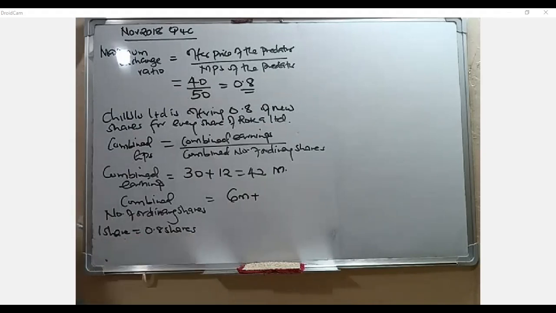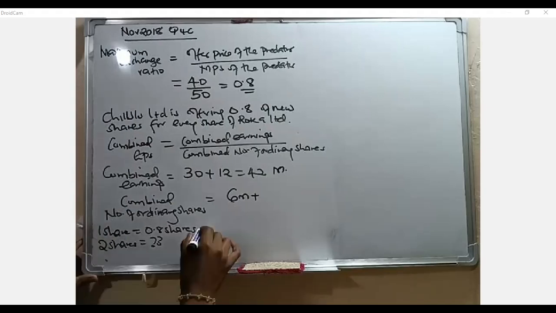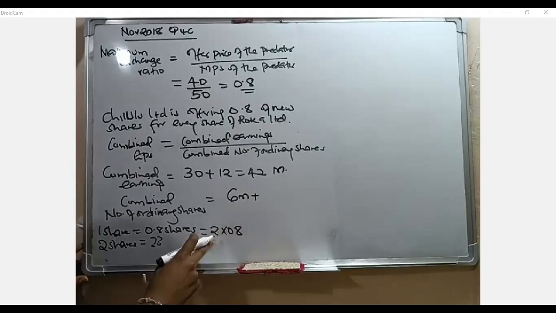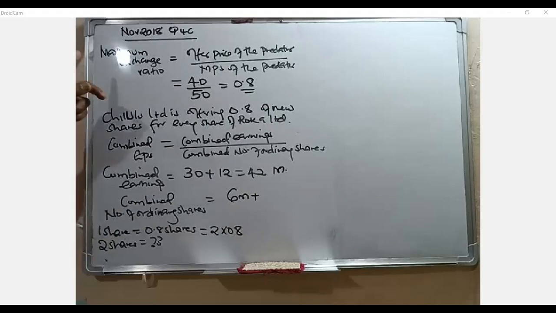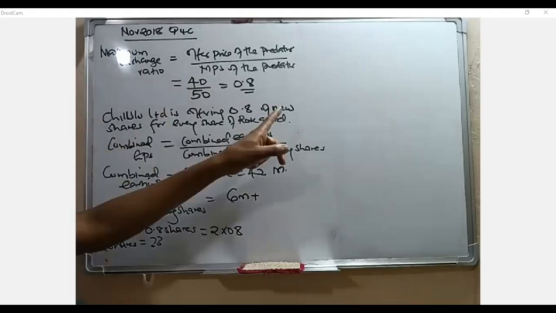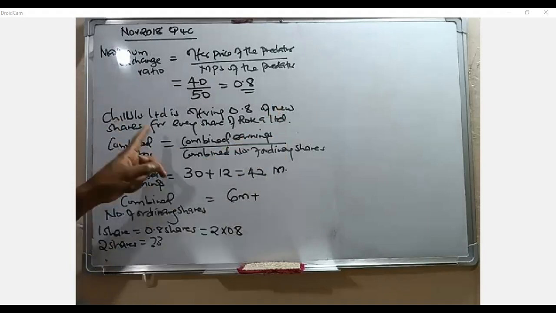What about the 2 shares of Roca? Because we are the people giving them the offer, it will be 2 times 0.8. The 2 is the number of shares of Roca, and 0.8 is the maximum exchange ratio we computed, since Chilulu Limited is offering 0.8 of new shares for every share of Roca.